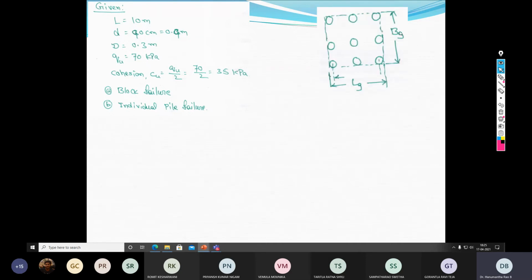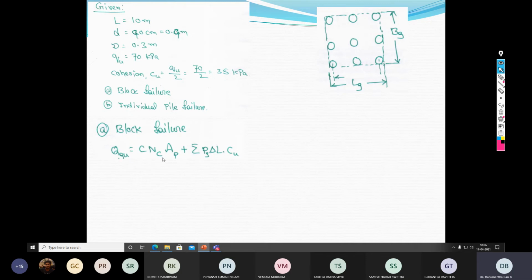So this is the typical cross section. There is a 3 by 3 pile group, 3 in one row and 3 in another row. If you draw the cross section, indicate on it the length and width of the pile group. Since it is a uniform layer of clay up to 10 meter, the first case is considered as a block failure.